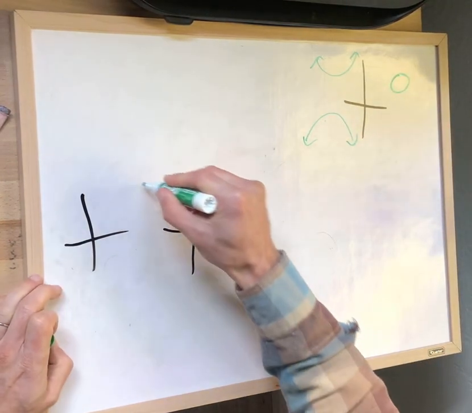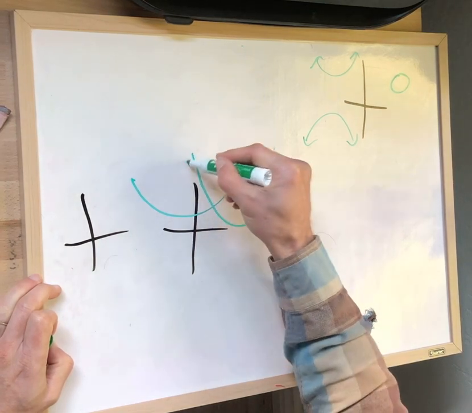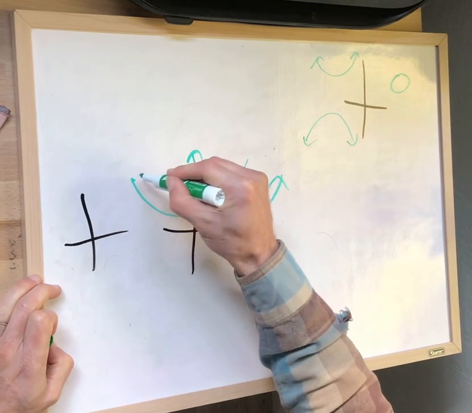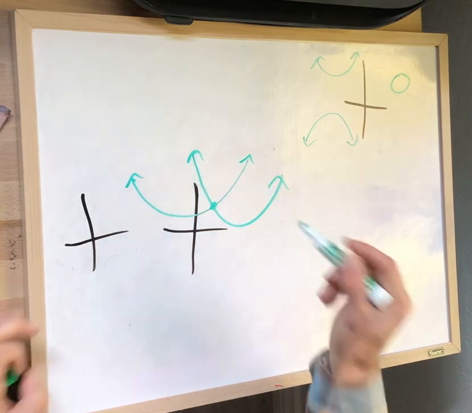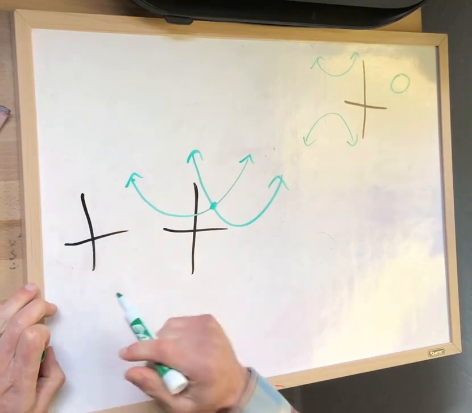Or you can have quadratics that look like this. This would have one solution. Or you can have quadratics that look like this.